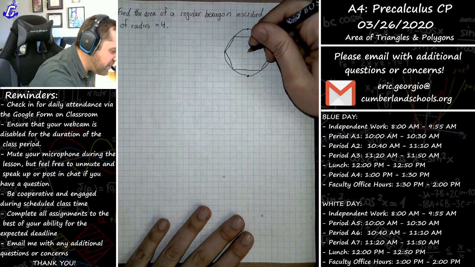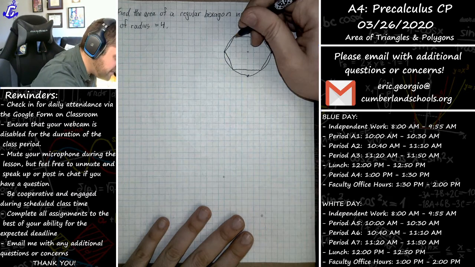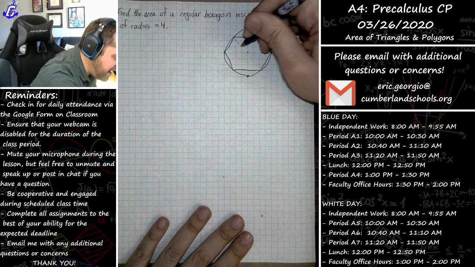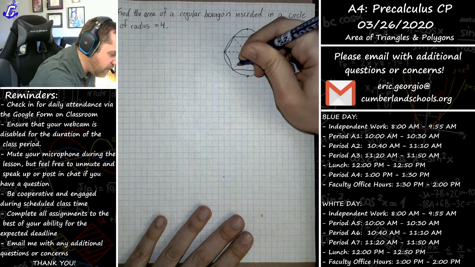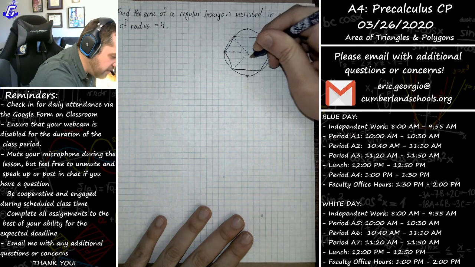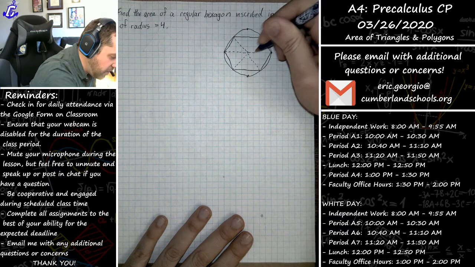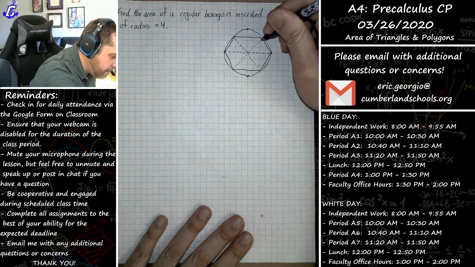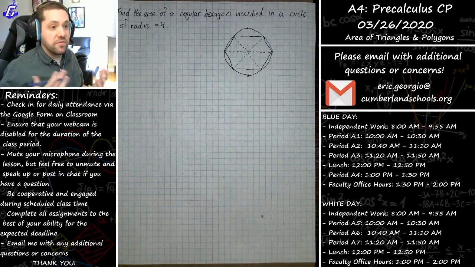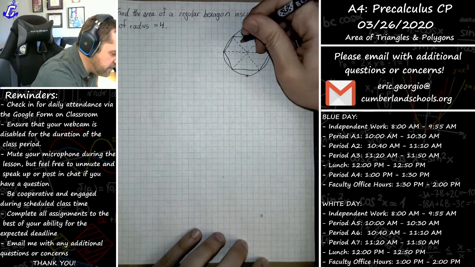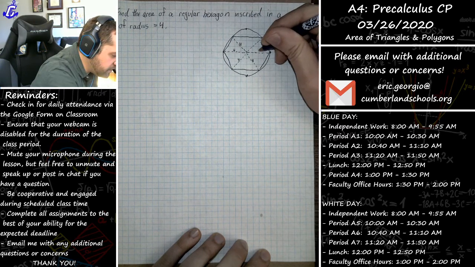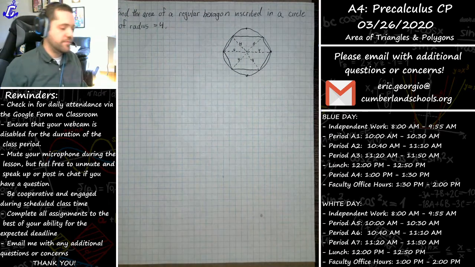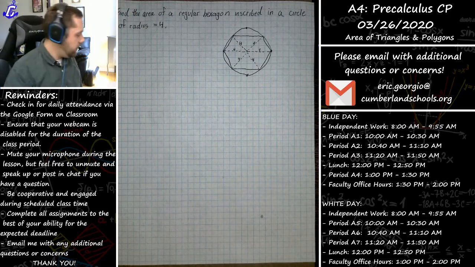But in any case, if the radius is 4, then that means the distance from the center to any one of these vertices on your regular hexagon would be 4 units, correct? Because the circle has radius 4. So any of those distances would be 4 units. This is 4, this is 4, this is 4, this is 4, this is 4, and this is 4. We're all happy with that, I hope.